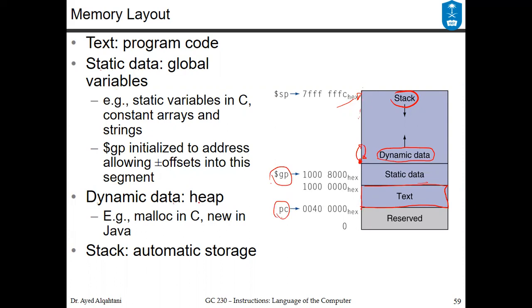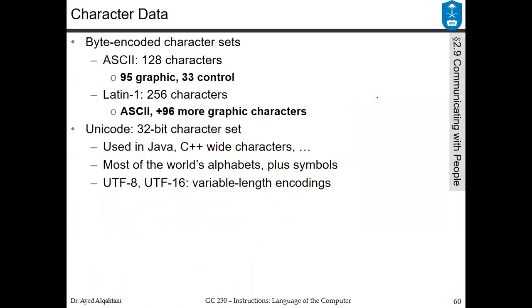The dynamic data is called a heap. They use, for example, a function called malloc that allocates some memory space, and you use the new declaration in Java when you want to have a new type or a new object. Whenever you say new, this means that you are working in the dynamic data. And the stack is automatic storage, as we described here.